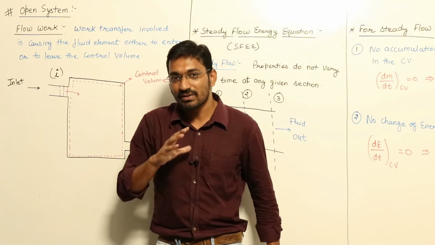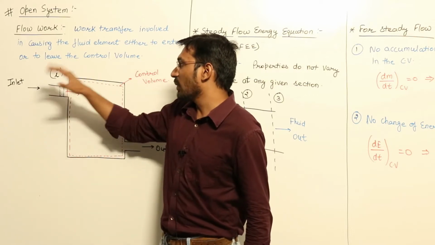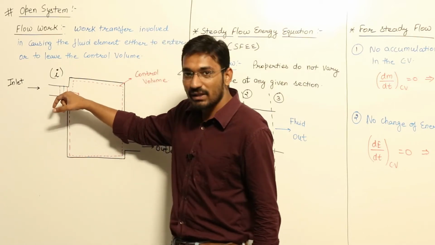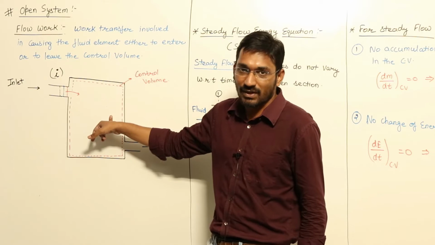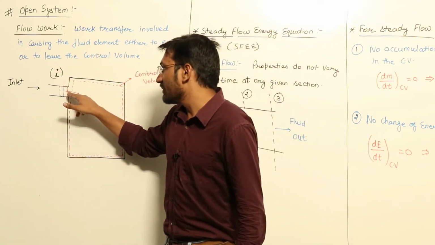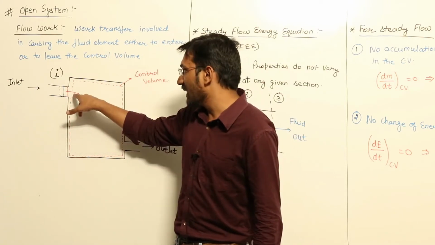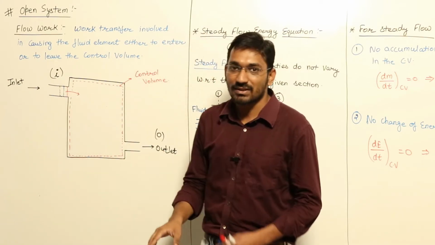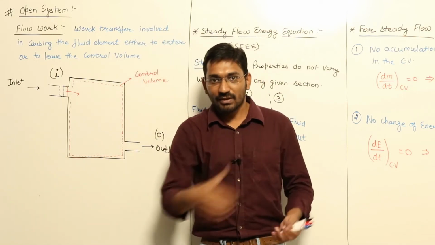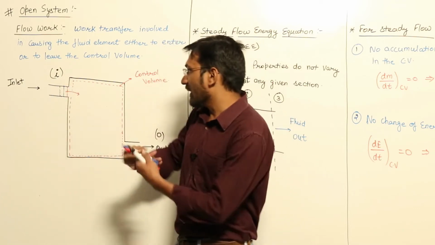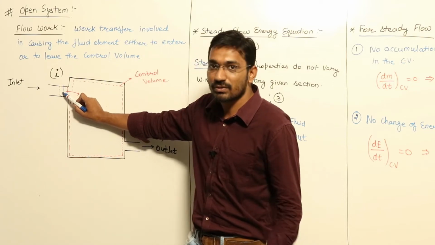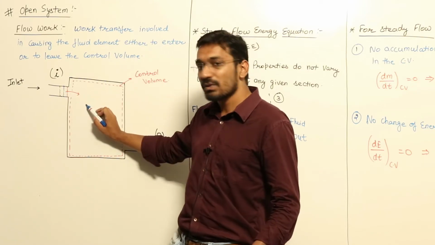From this 100 units, it spares, say, 20 units to this red layer and pushes it with 20 units so that it can enter the system. So this amount of work is required to maintain the flow. Like that, this black layer will have to give 20 units to this blue layer so that it can enter the system.